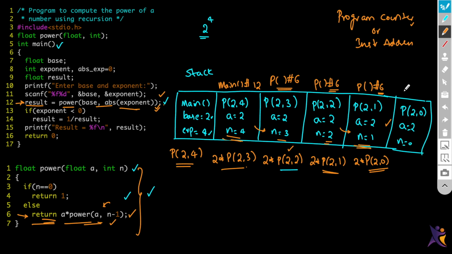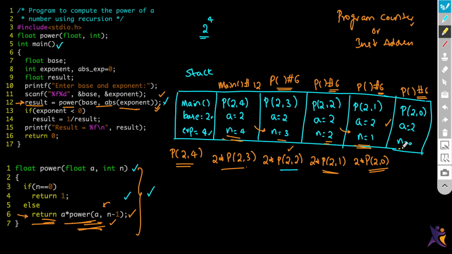Here also we'll have the program counter 6, right? After executing this function, the control should go back to this place, this return statement in the else part. So we have line number 6 in our activation record.